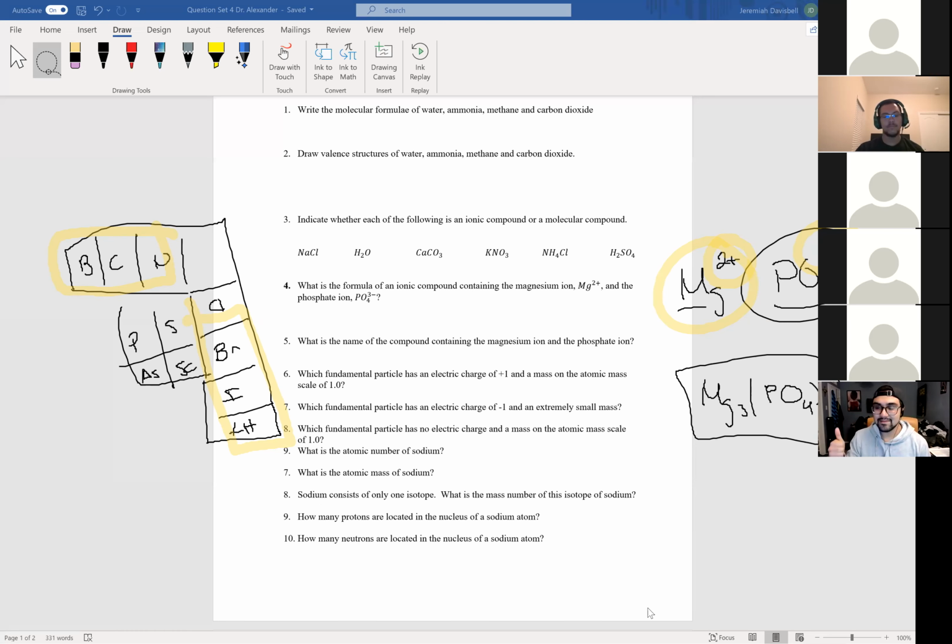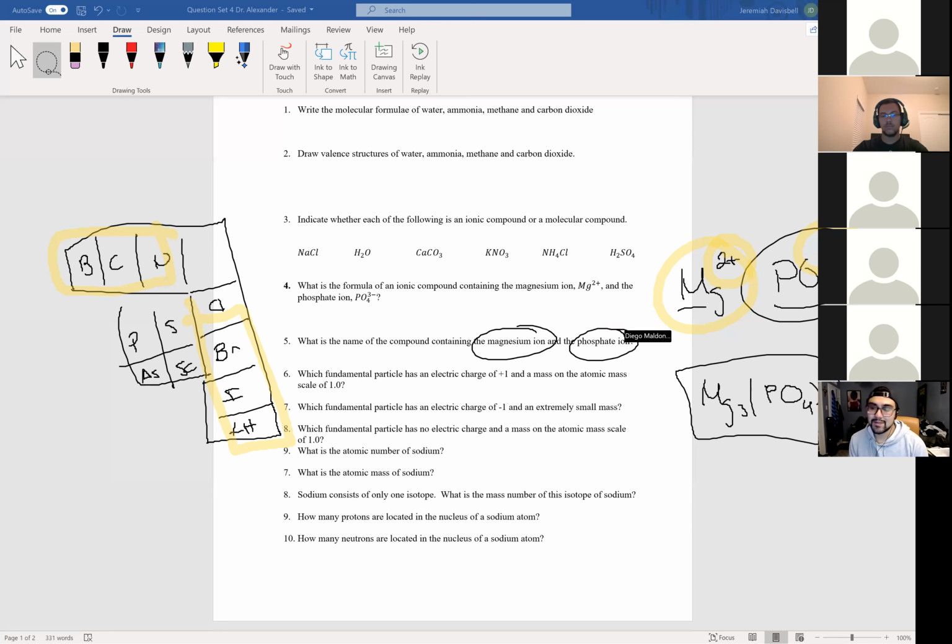Wait, what is this called again? I'm sorry. Are you referring to this portion? No, I'm referring to question 5, what's the answer? Oh, question 5. I guess we can go to that one too. Question 5 is asking, what is the name of the compound containing a magnesium ion and a phosphate ion?